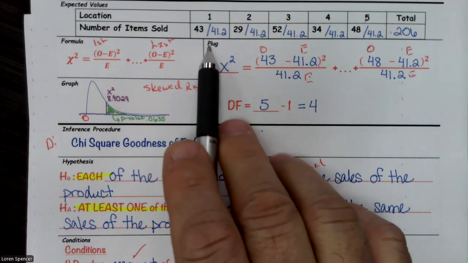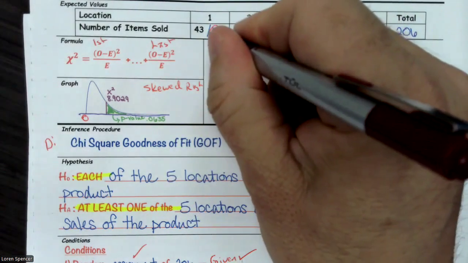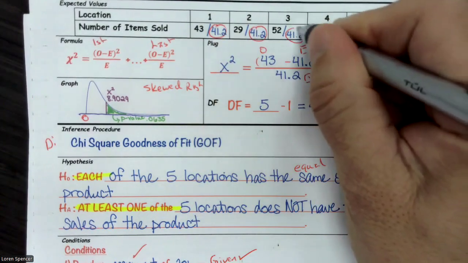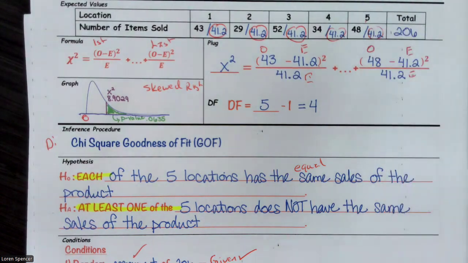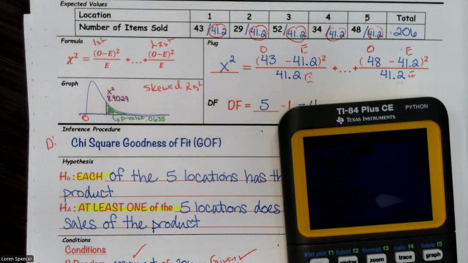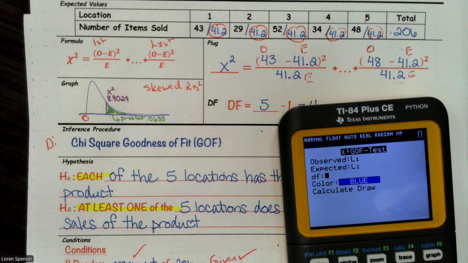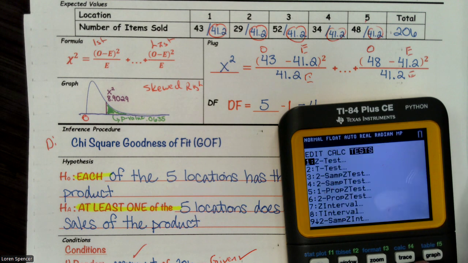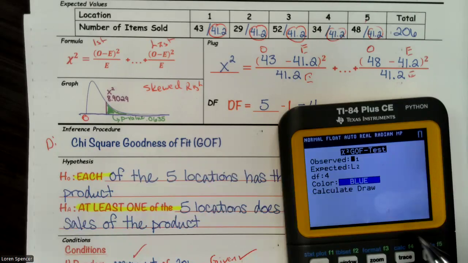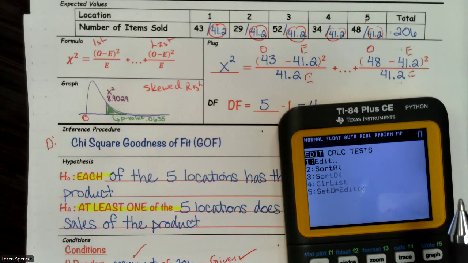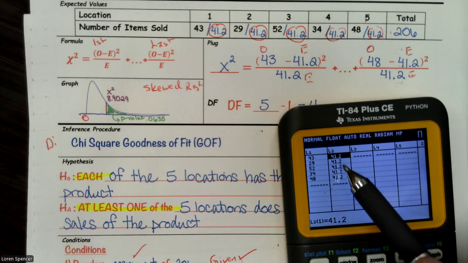And once again, these are expected values that I'm circling here in red. This is what you expected to get. And remember, we said the expected values were in, when we ran the test, it said stat test, chi-squared goodness of fit, L1, L2, calculate, the expected were in L2. Well, what did we have in L2? 41.2.